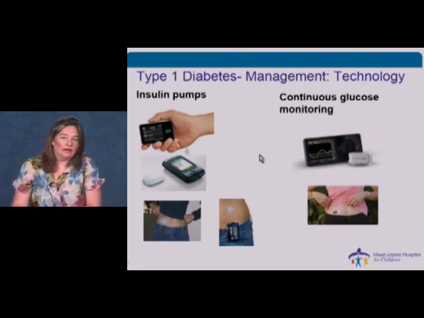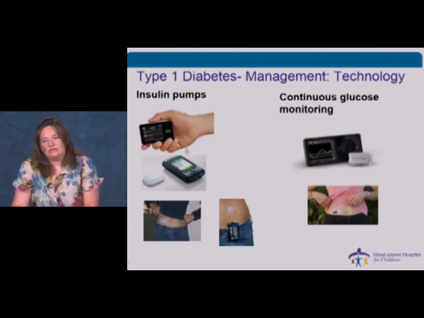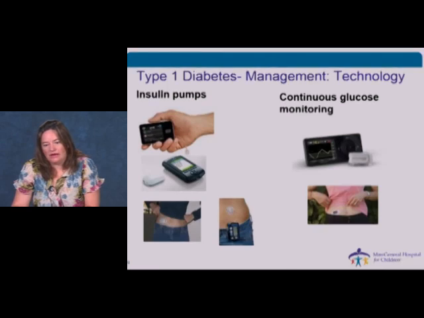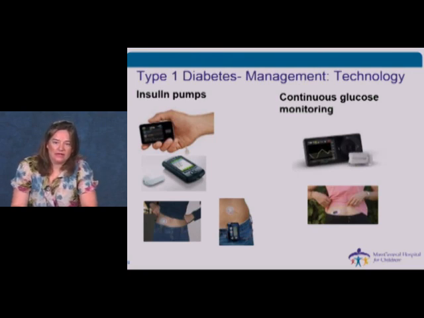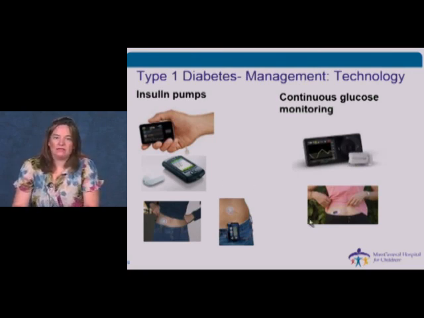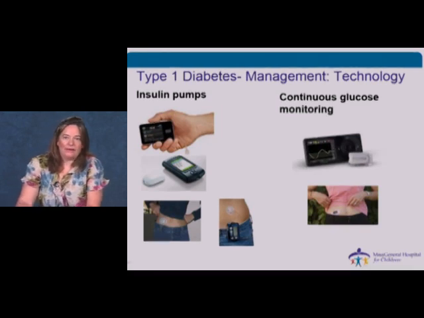Newer and another great advance is continuous glucose monitoring. This has been around for a little while, but its accuracy is really just coming into its own now, and so more and more patients are being prescribed these. This, again, similar to this system, has a little piece that you wear that monitors the blood sugar, and it beams it to this device that the patient can put in their pocket or in their bag.